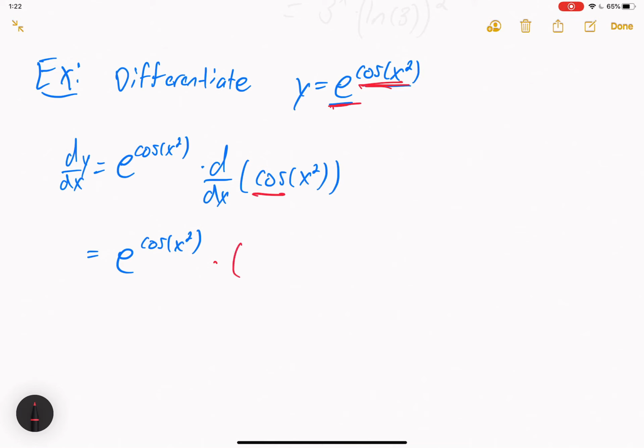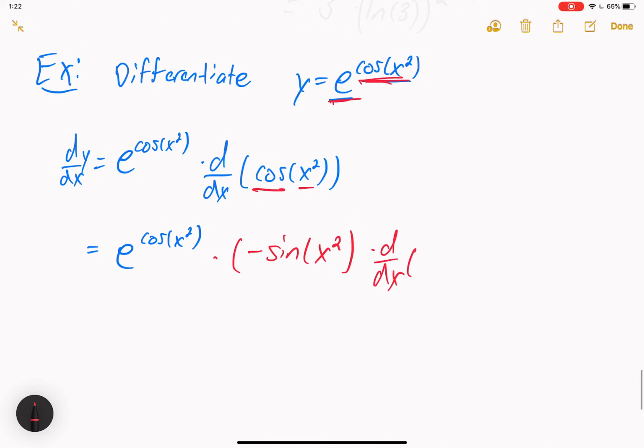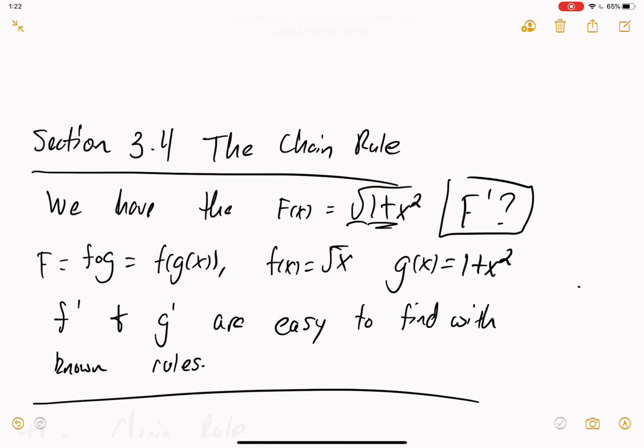So the derivative of cosine of x is equal to negative sine of x, but we need to evaluate it at the inside, so negative sine of x squared, then times the derivative of the inside, so times the derivative of x squared, and then lastly what we get is e to the cosine of x squared times negative sine of x squared, and then finally times the derivative of x squared, which is just 2x.